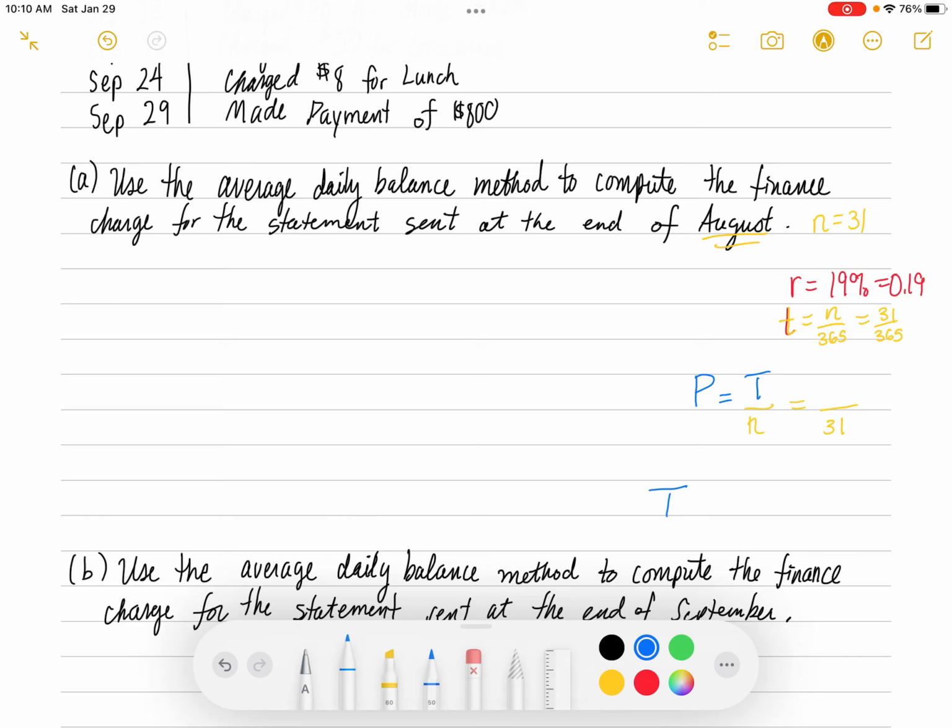So you're going to take every day's balance and add all those up for capital T. So you put R, T, and P together into a formula, I equals PRT, which you've seen before as the simple interest formula. So we have R is 0.19, T is 31 over 365. We've got to find the big P.